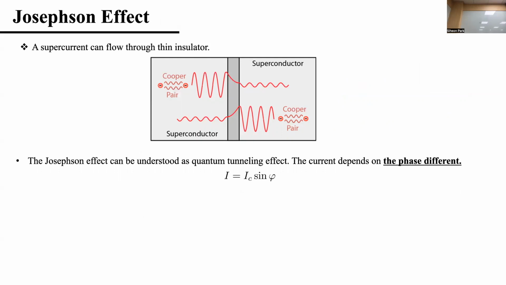Exactly, the Cooper pair is tunneling. That is adapted in the equation. This formula implies the tunneling of the Cooper pair, but I will not give you the detail about this. But if you want, I will give you a very good reference book.